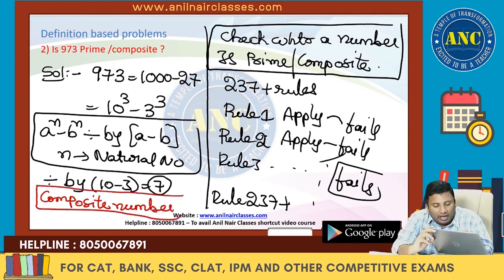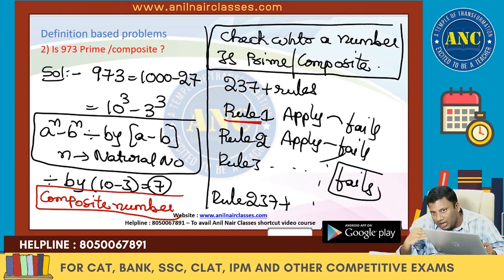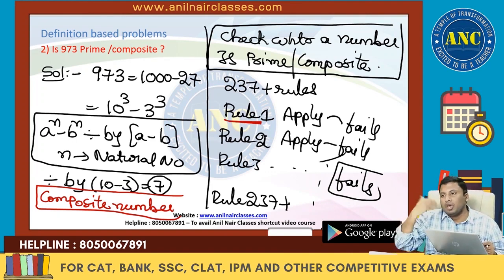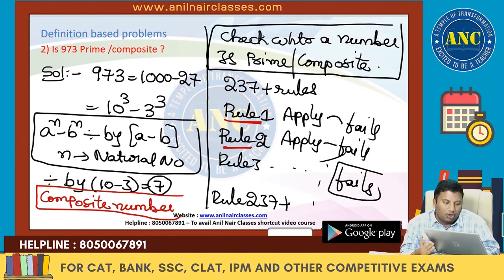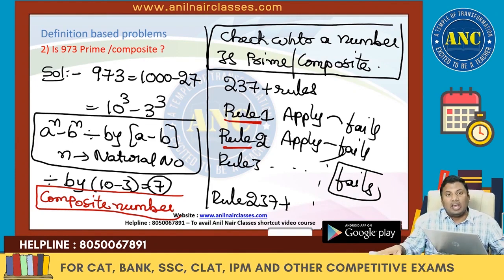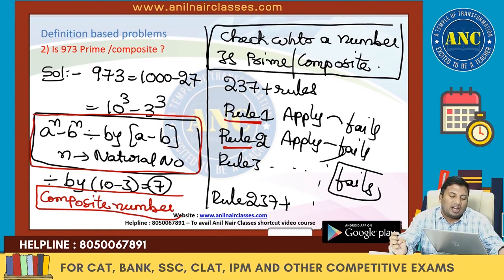So one way, rule number 1, we checked whether the number is even or odd. If you got an even number greater than 2, you said it is a composite number. Then you did rule number 2, which is a power n minus b power n is divisible by a minus b if n is a natural number.